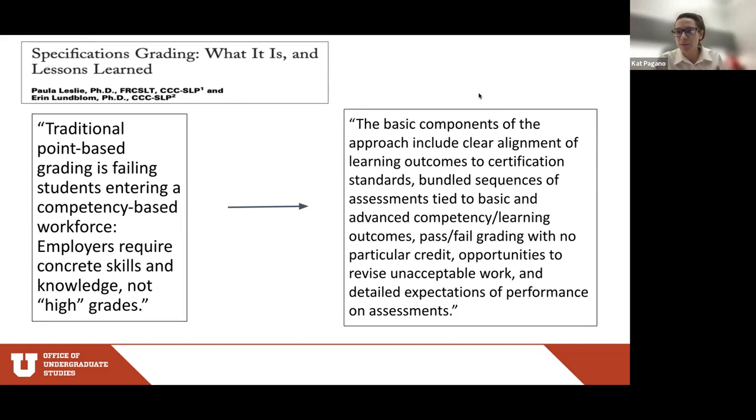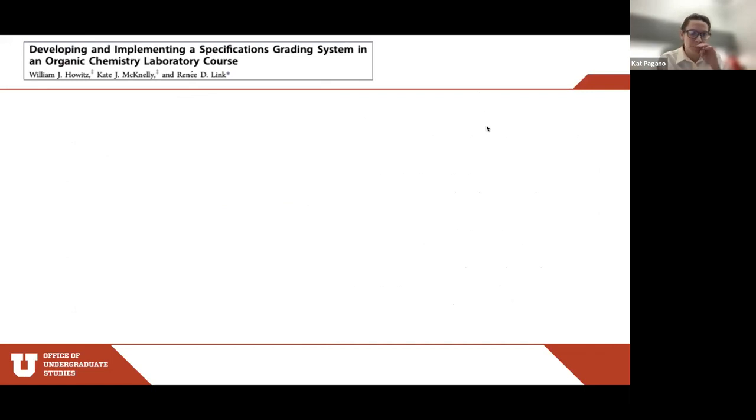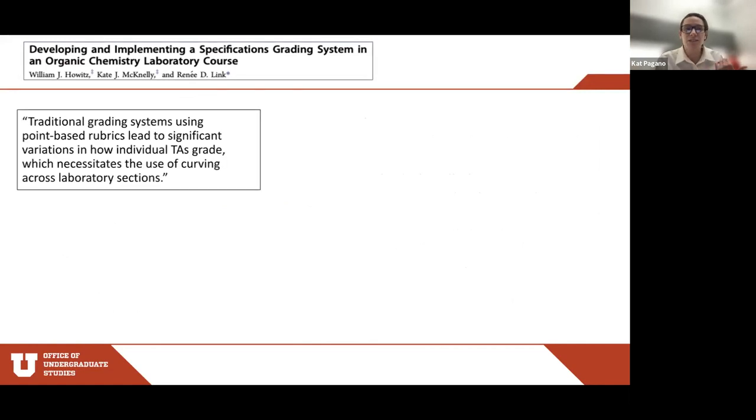So let's look at a couple of specific fields where some research has been done with specifications grading. Here's one in an organic chemistry class. I think this is really interesting because the writers of this article had over 35 TAs for this class, which is a lot.